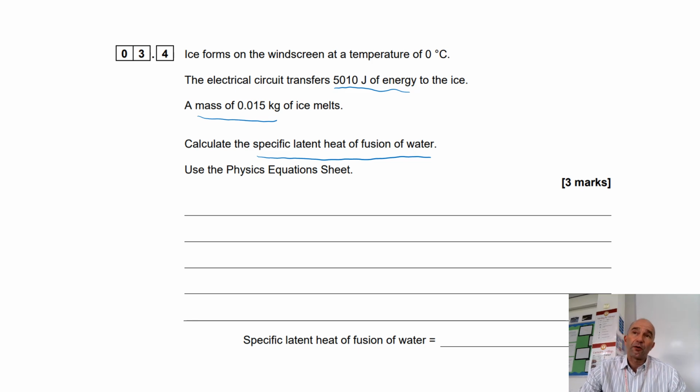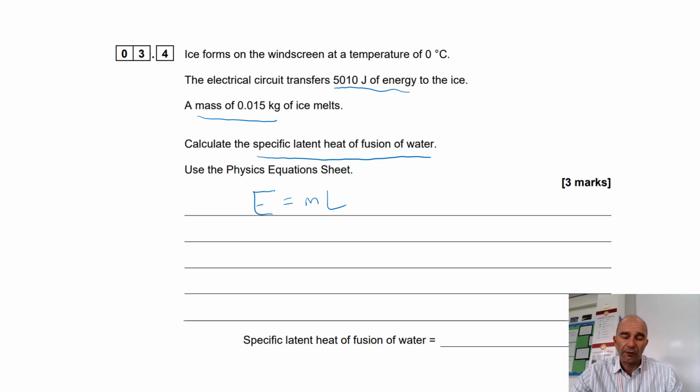Now, again, in this case, we do need to use the physics equation sheet because this formula is actually on there. Hopefully you've realised the one we're looking for is energy transferred equals mass times specific latent heat of fusion. E equals ml. Now we just substitute in our numbers.